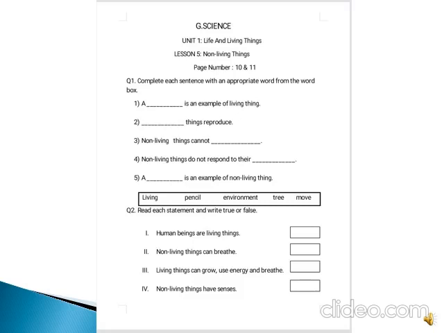A word box is given below. You have to look at these words and fill the blanks. In question number 2, you have to write true or false in front of these statements.